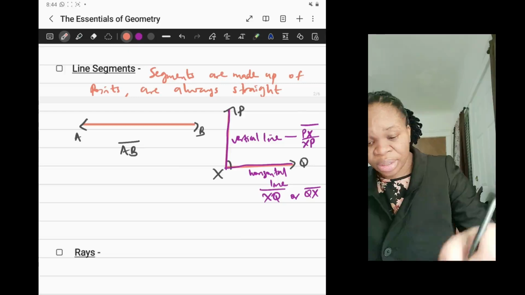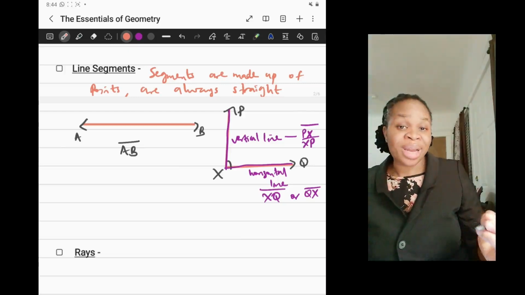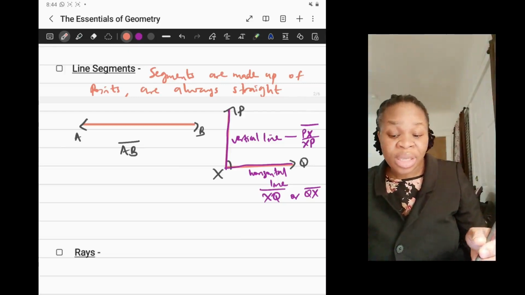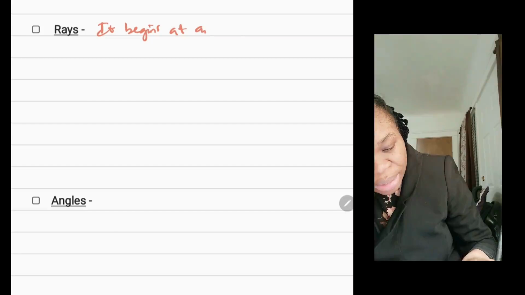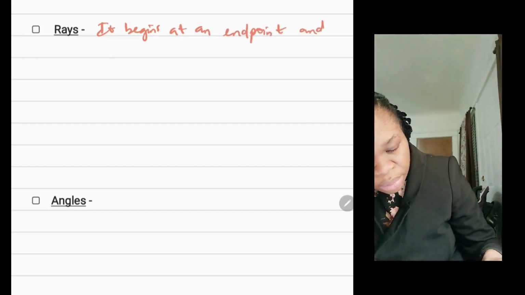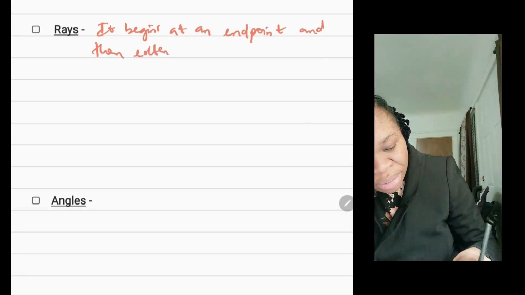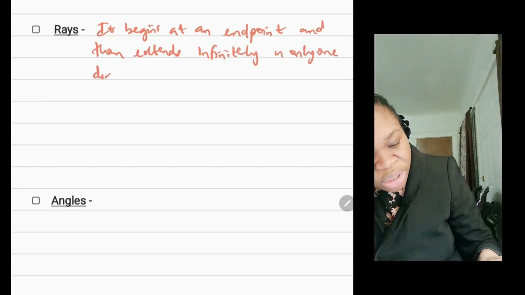Let's talk about rays. A ray is just like a line segment, but the only thing, it begins at an end point and then extends infinitely in only one direction.